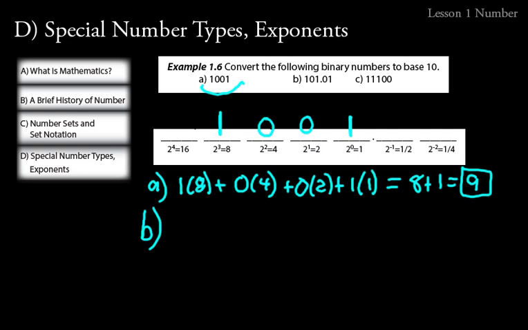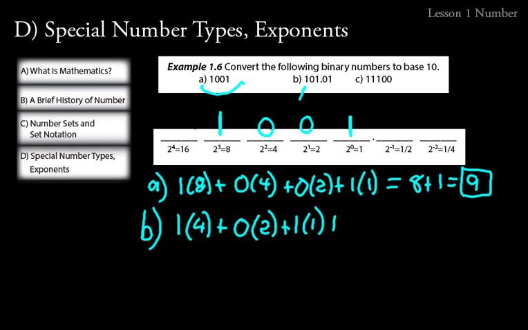Look at B, 101.01. So we have 101. That's like 2 to the 0, 2 to the 1, 2 squared. 2 squared is our biggest place right here, and it's on. So we'd say 1 times 2 squared is 4. Plus 0, that's off, times 2 to the 1 is 2. Plus 1, that's on, times 1, 2 to the 0 is 1.